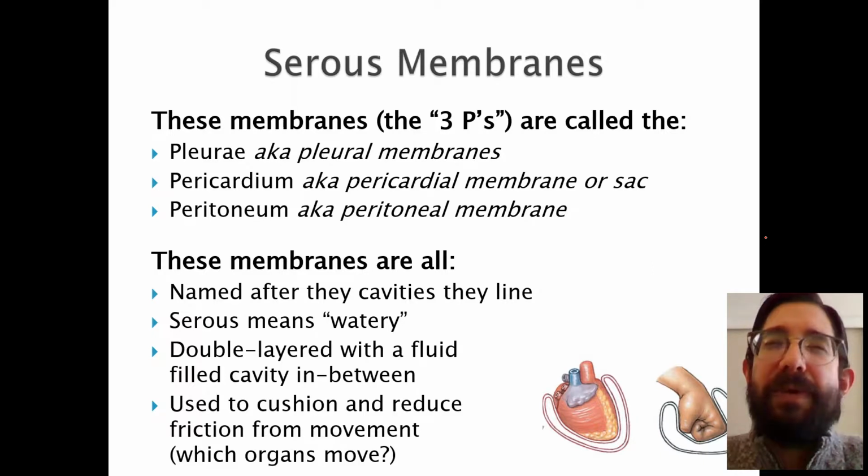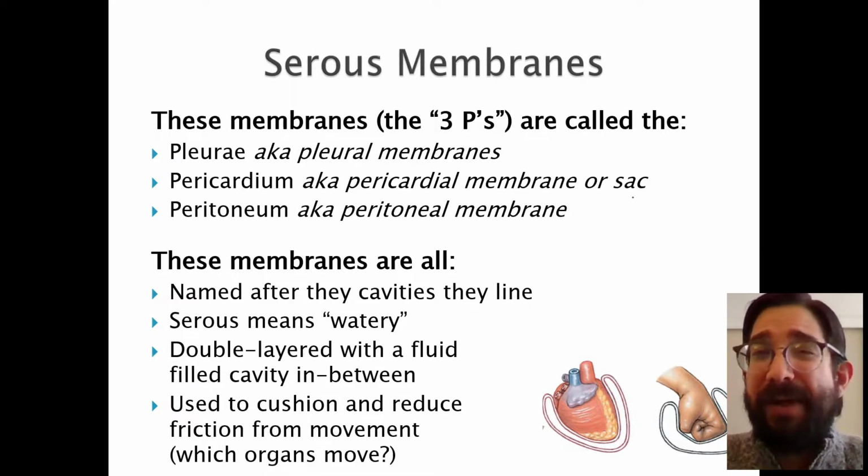So what are these membranes? Well, serous means watery. So they're watery membranes, but how can a membrane be watery? Well, if it's double layered, as shown in these images, there will be a space in between these two layers where you can have the fluid.